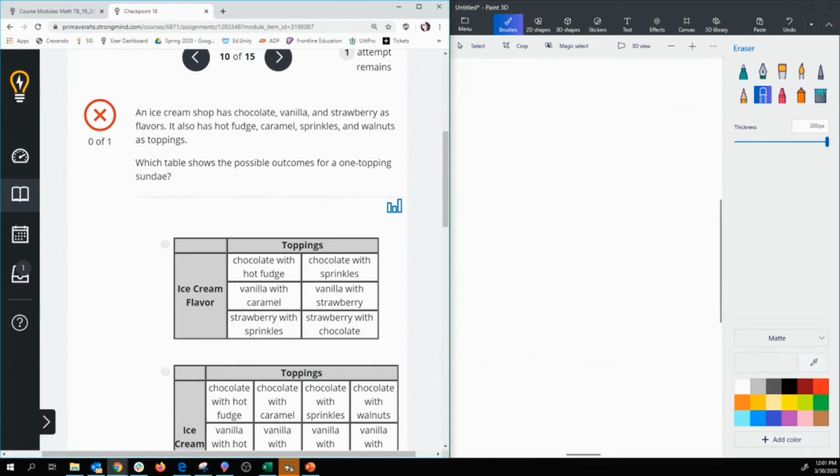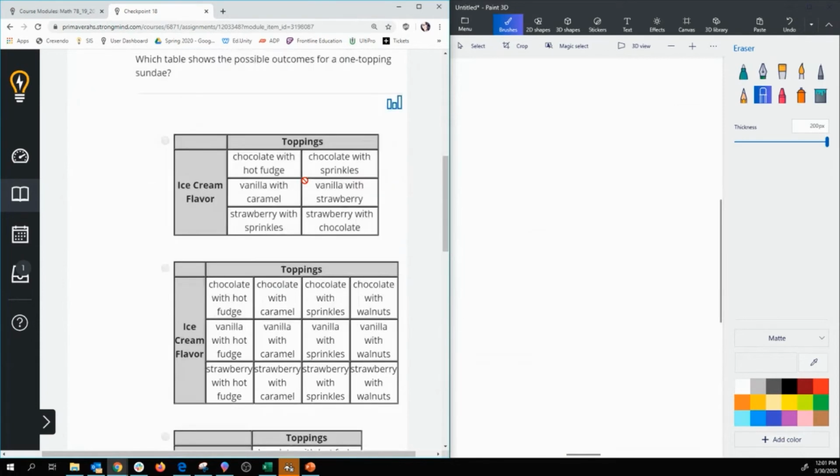I'm going to start going over this problem. We have an ice cream shop that has chocolate, vanilla, and strawberry flavors. And for toppings, you can put hot fudge, caramel, sprinkles, and walnuts. And we want to know which one of these tables represents the outcomes for a one topping sundae.